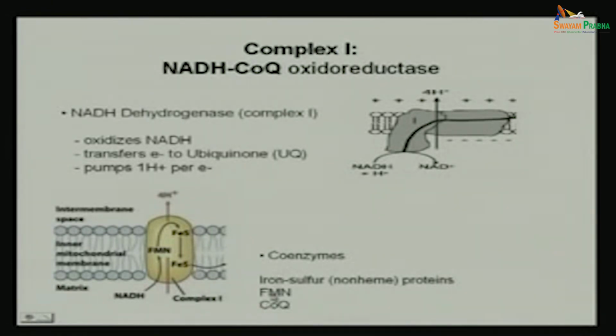These three cofactors help to transfer the electron from NADH to the ultimate site, coenzyme Q, that is ubiquinol. Here, in this transmembrane space and matrix, NADH donates its electron and it gets transferred. At the same time, some protons are pumped from inside the matrix to the outside, to the intermembrane space.